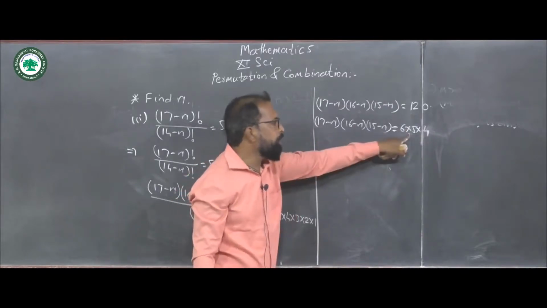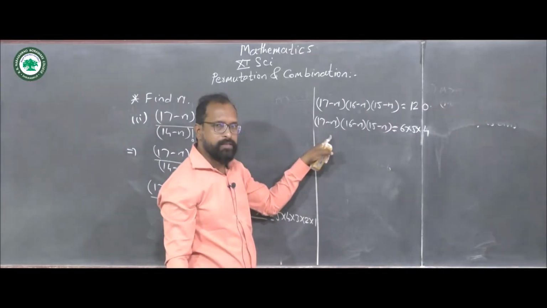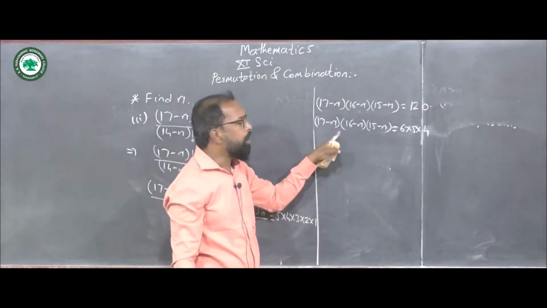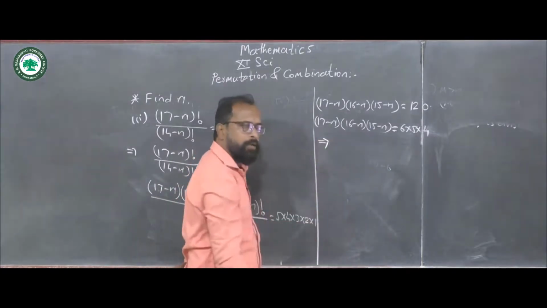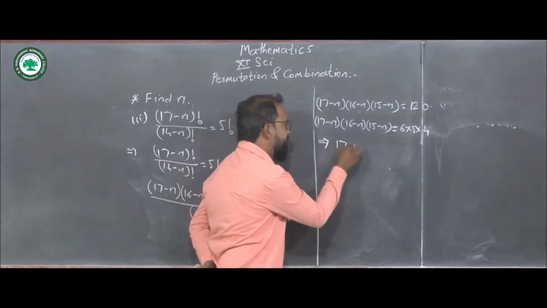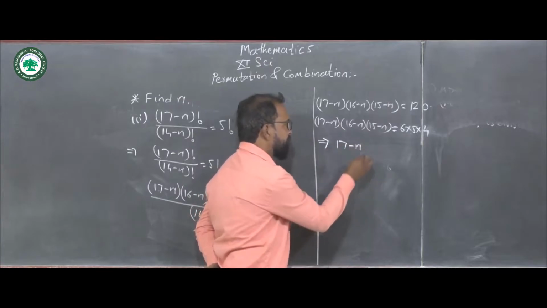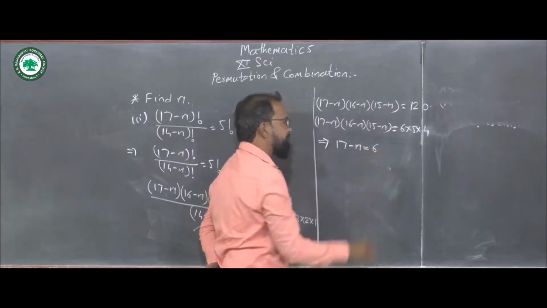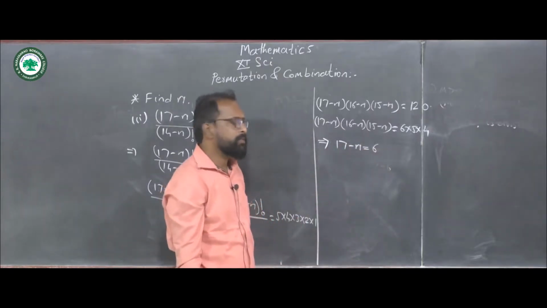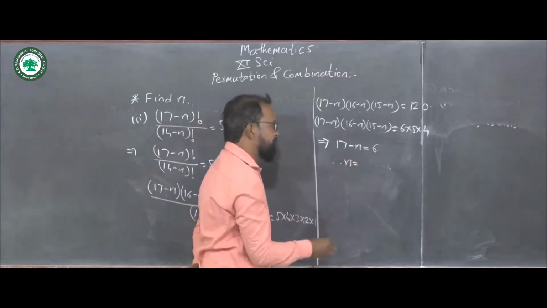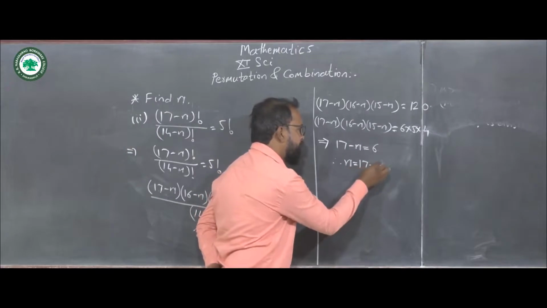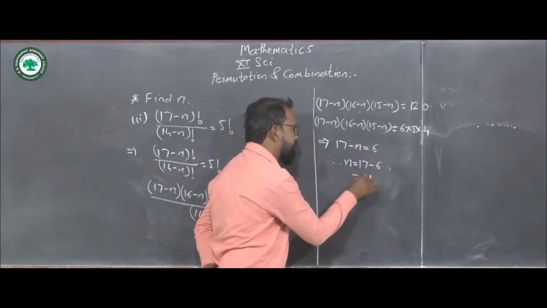So comparing on both sides, we can compare the greater number, the larger number, or the smaller number, any one number. By comparing, we can write 17 minus n equals 6, and therefore n equals 17 minus 6, that is 11.